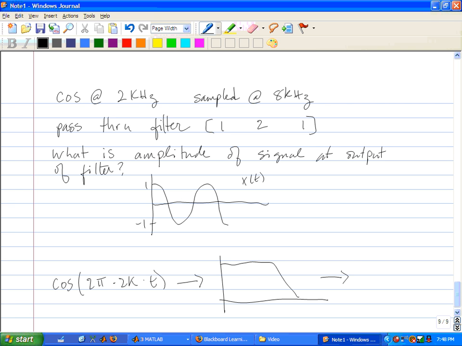What is this? What is the step response of the filter? Are you asking what this is? Yes. Oh, that's a good question. That is the magnitude of the frequency response.